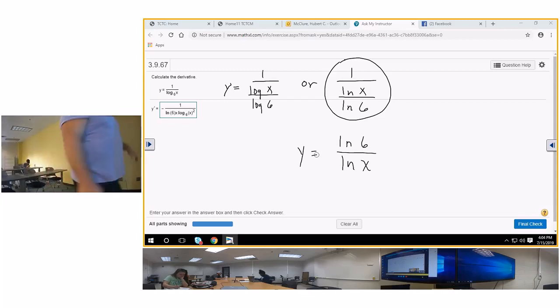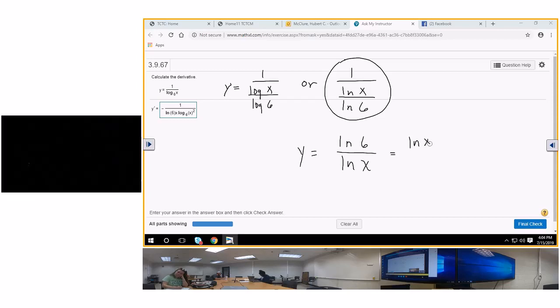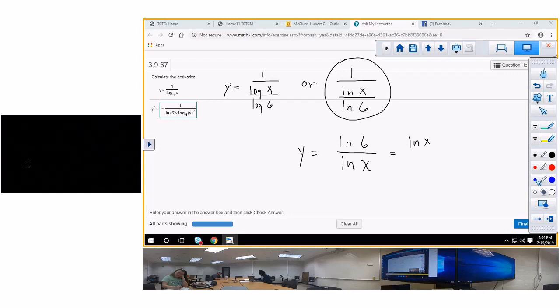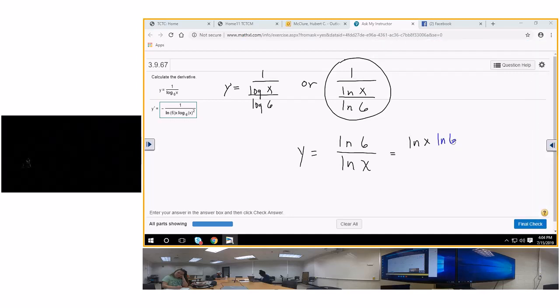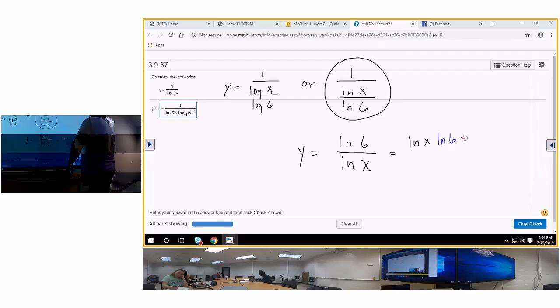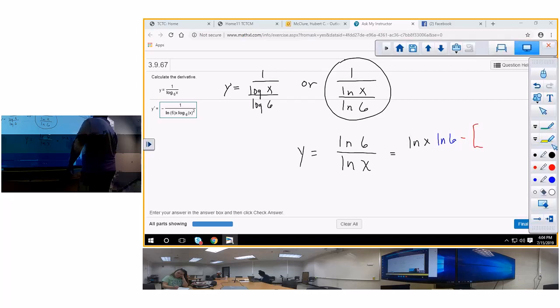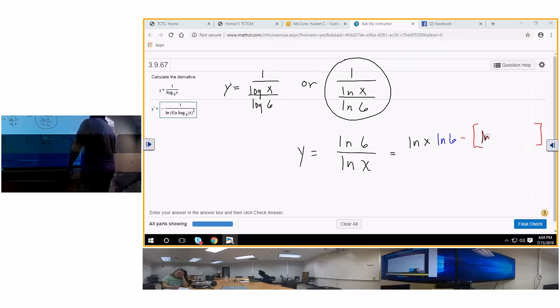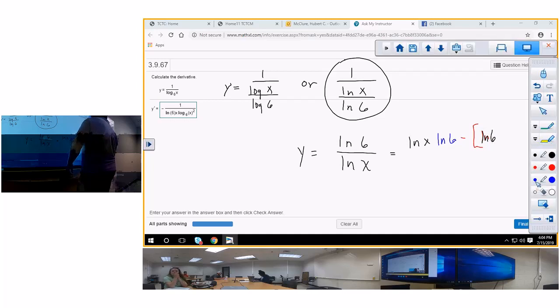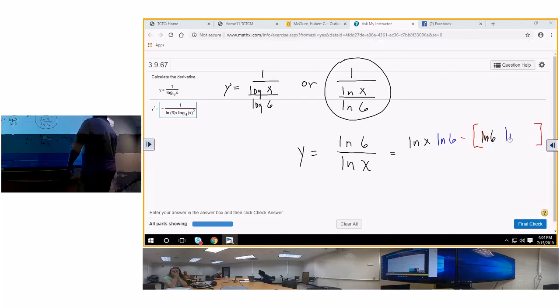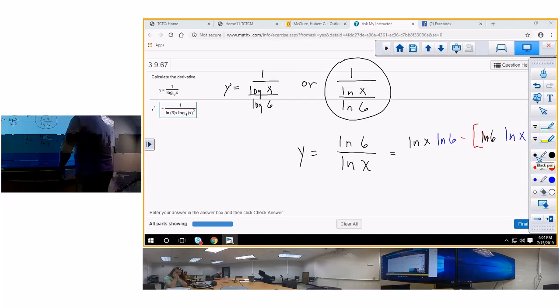Quotient rule is denominator times the numerator prime minus the numerator times the denominator prime over the denominator what? Squared.